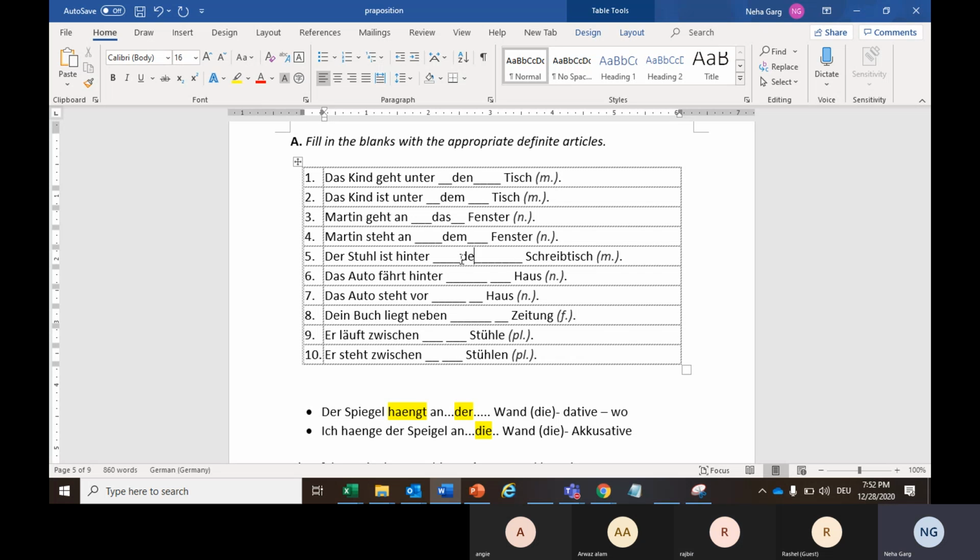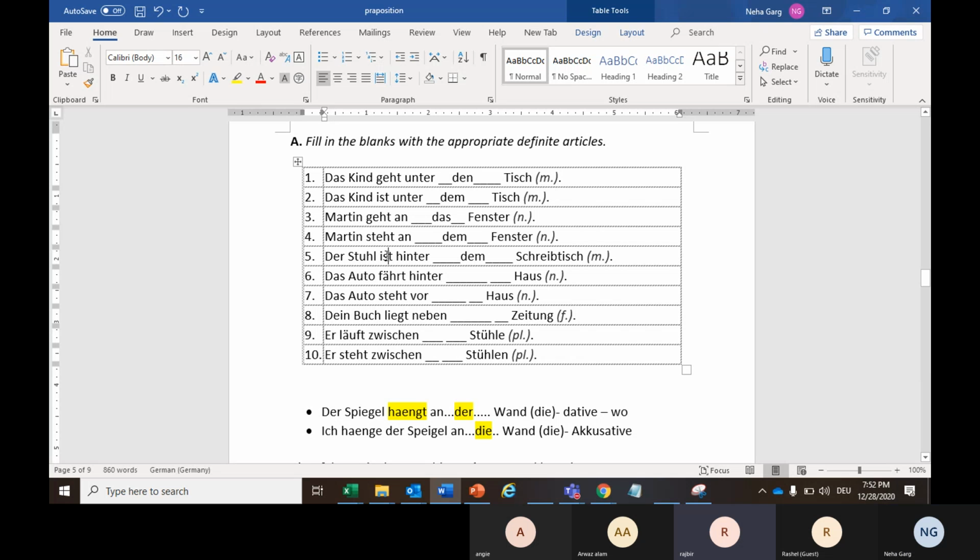Ist hinter dem. Okay, because it is already there. Wo ist der Schreibtisch? Okay. Ist, that means it's there already. So hinter dem Schreibtisch.